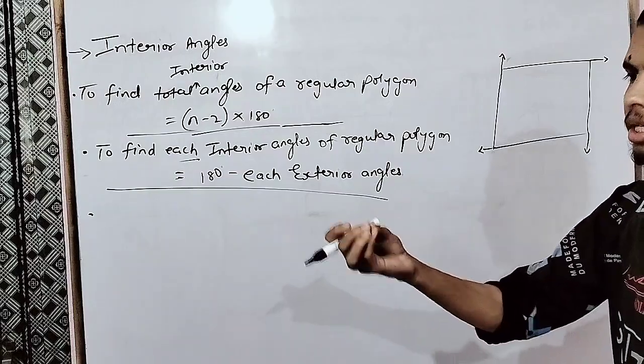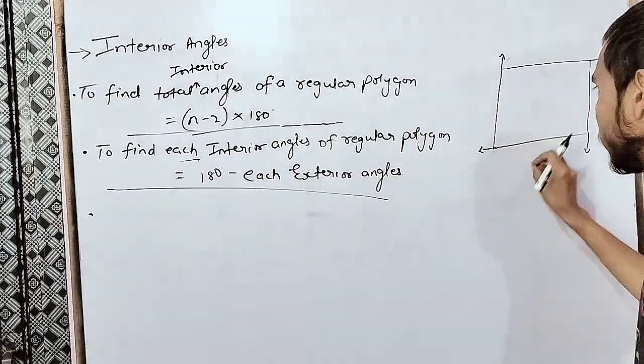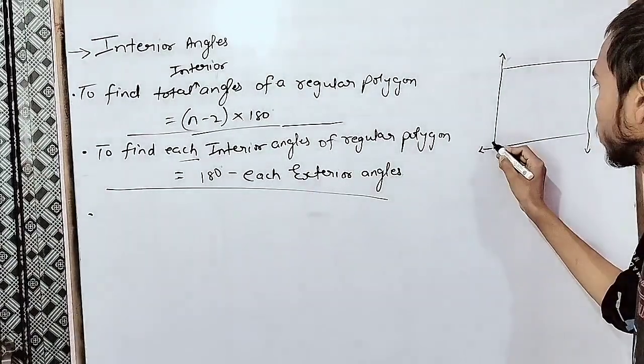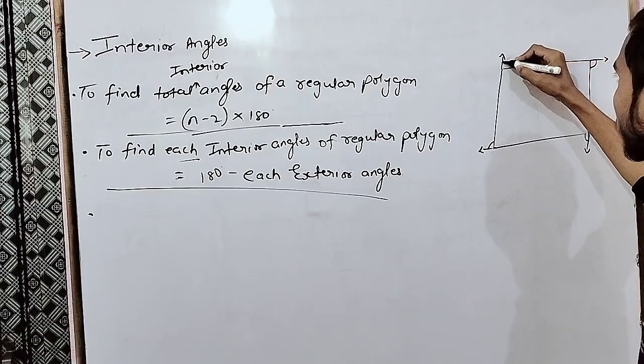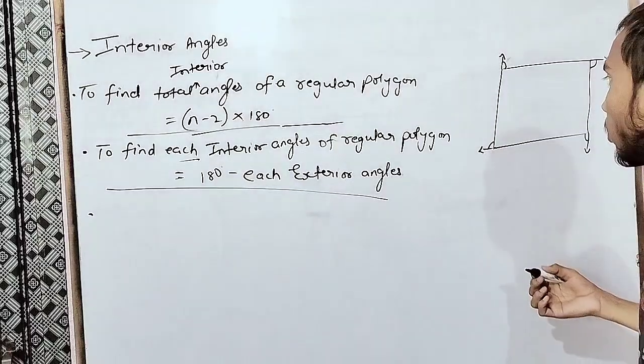Exterior means outside. So how much are the outside angles of this polygon? These are the angles which we are talking about.